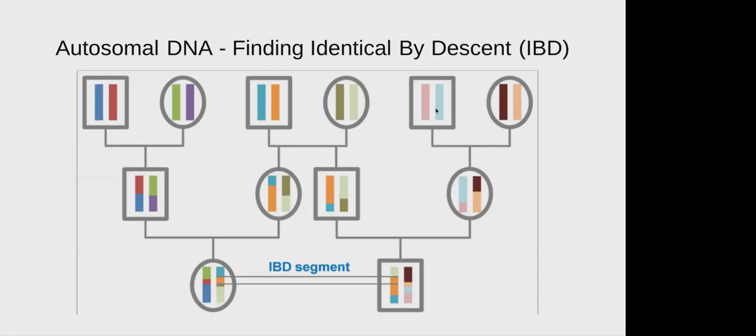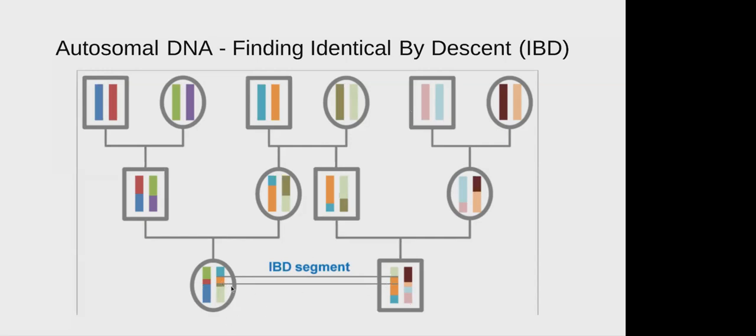We then have on the right-hand side, a couple that have a girl. She marries a son of the first couple, of the second couple, and they have a male child. And those two are now what are compared. So when you do your DNA test, they're going to be looking at little tiny segments of DNA.